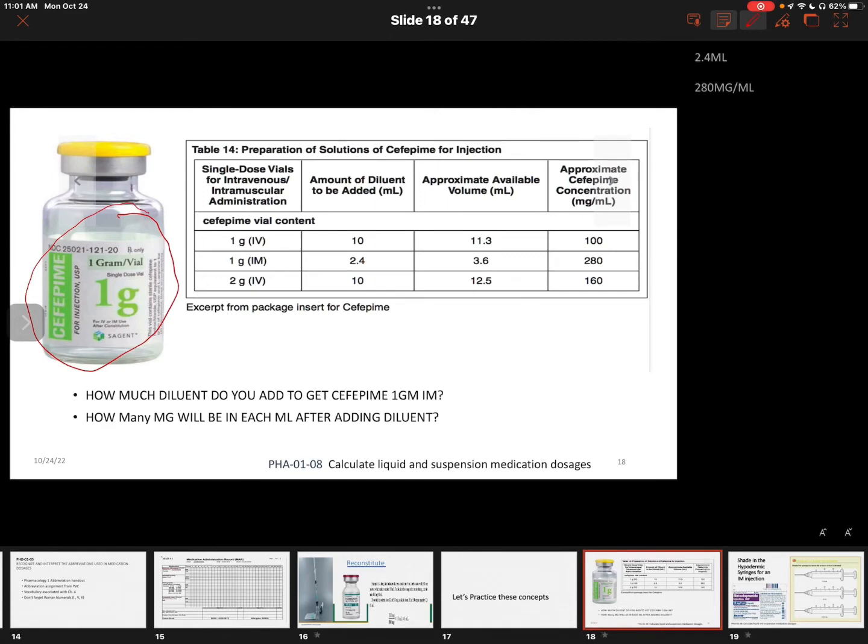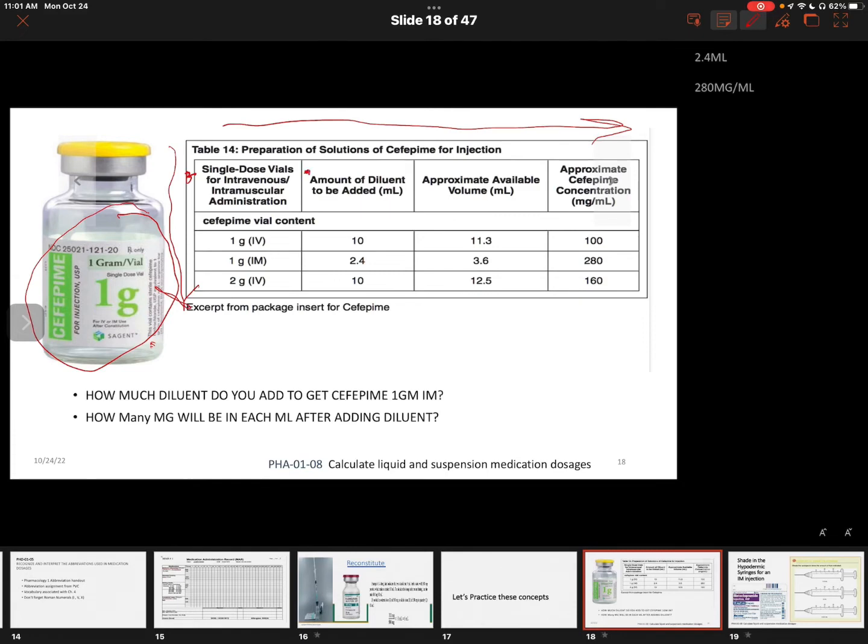This chart reads across and down. So let's just look at the first box up here. A single dose vial for intravenous, intramuscular administration. So this drug in the bottle can be administered either by IV or IM.